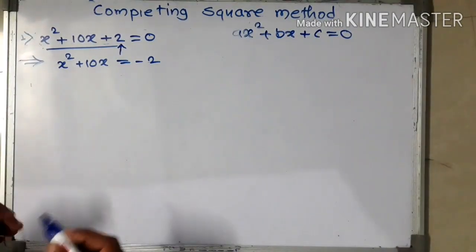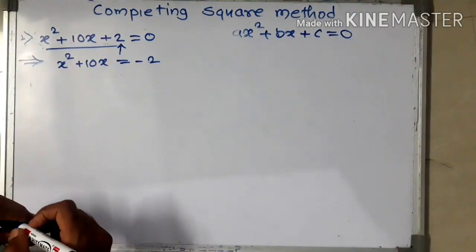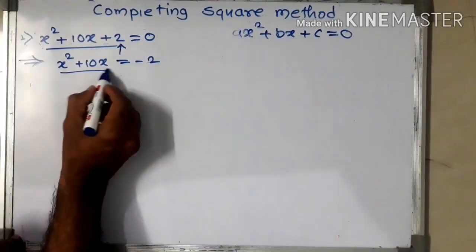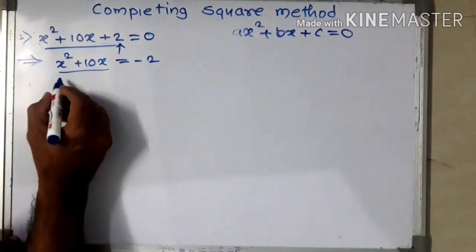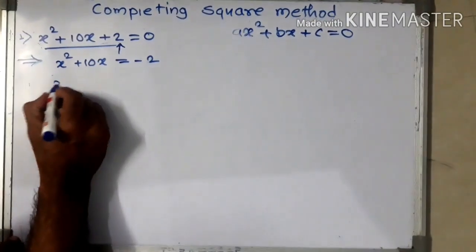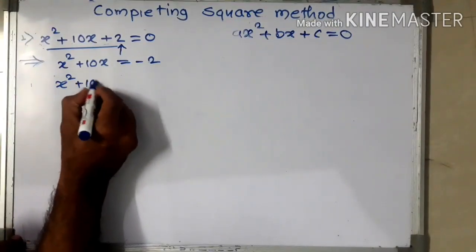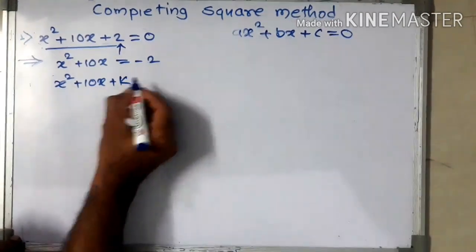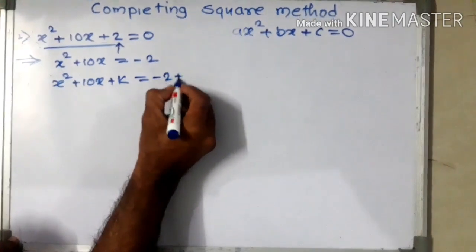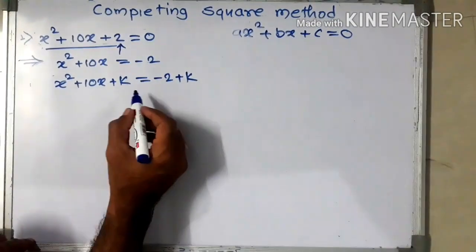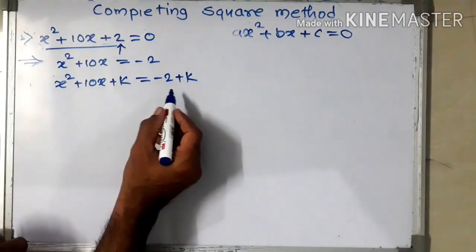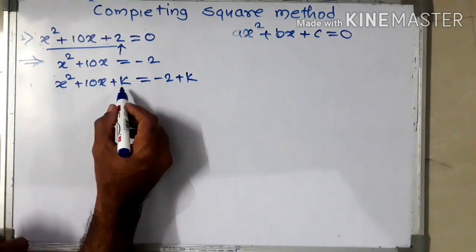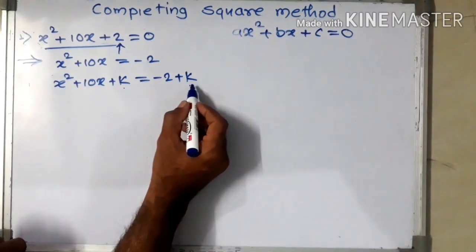Now we have to add a new third term so that the polynomial is a square polynomial. x square plus 10x plus k equals minus 2 plus k. We should add the third term on both sides to keep the equation balanced. Here k is the new third term.